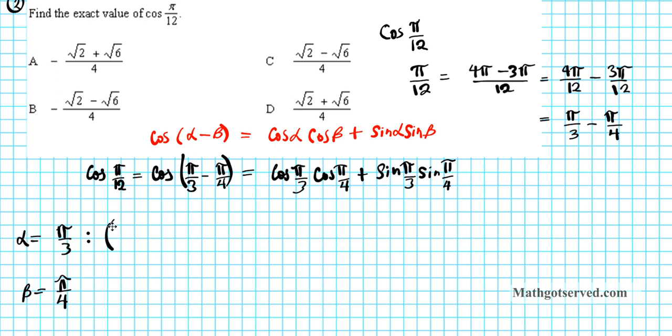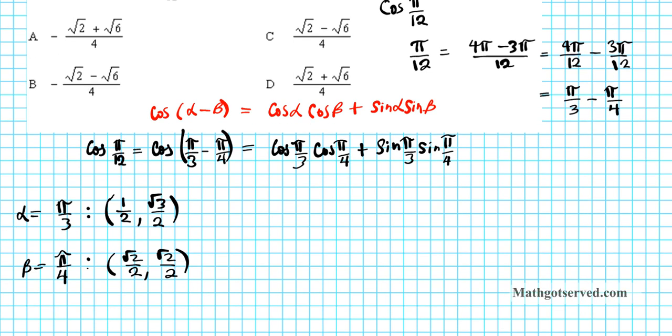The x coordinate for pi over 3 is 1/2, and the y coordinate is root 3 over 2. Okay, and then for pi over 4, it's root 2 over 2 and root 2 over 2. All right, so now let's see what we can do here. We can break them up. So we can partition it like this.